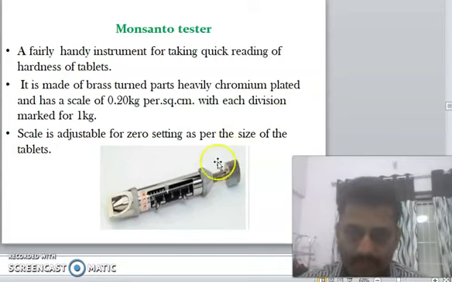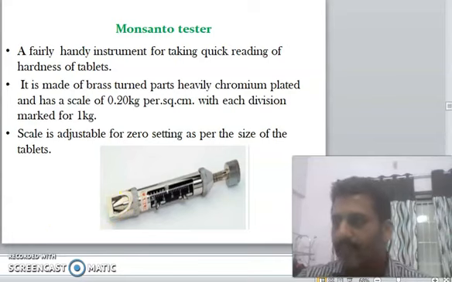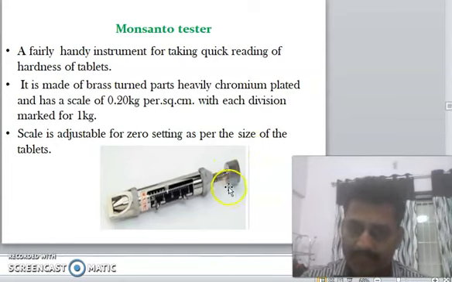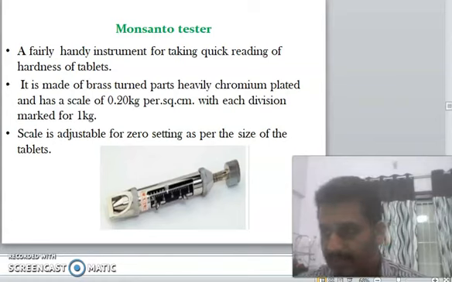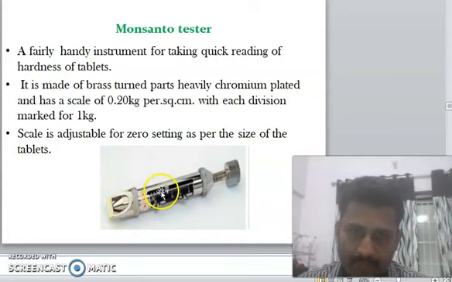That means you are applying pressure, so the plunger moves down. Pressure keeps being applied by turning the bolt until the tablet is crushed. When the tablet breaks, the pointer stops moving and indicates the hardness of the tablet.